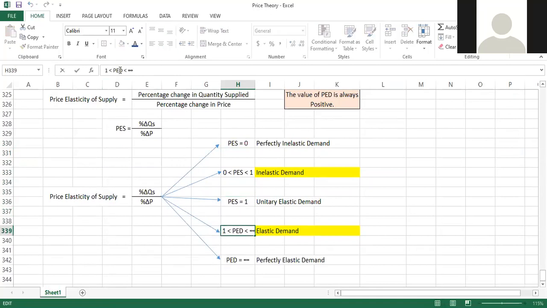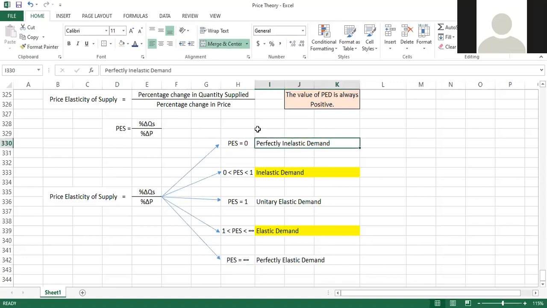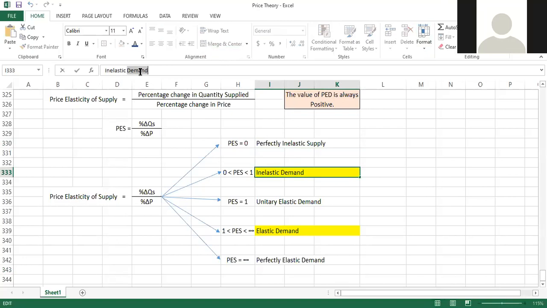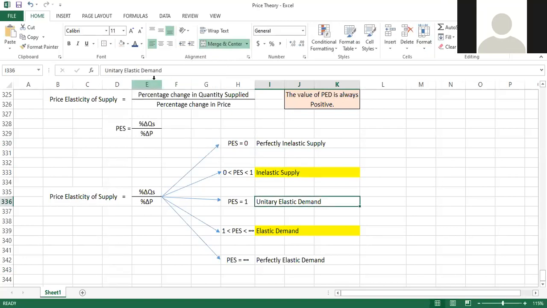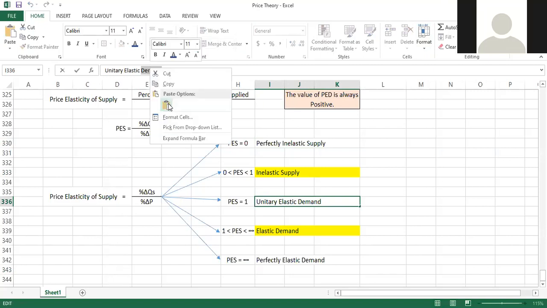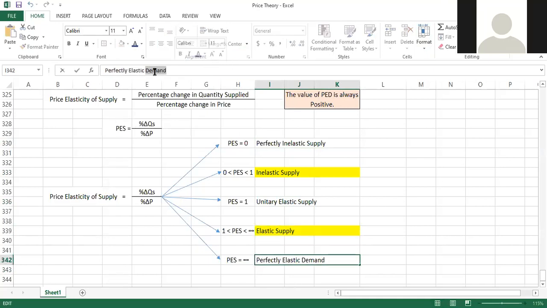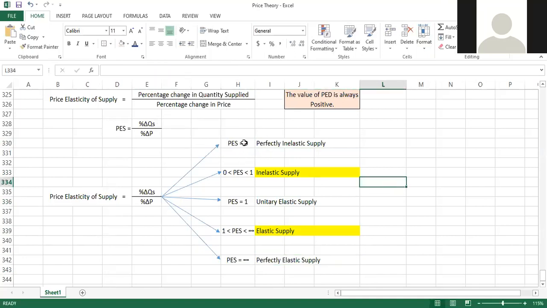So in this way, the price elasticity of supply can be categorized into the same 5 categories, and the criteria are also the same.